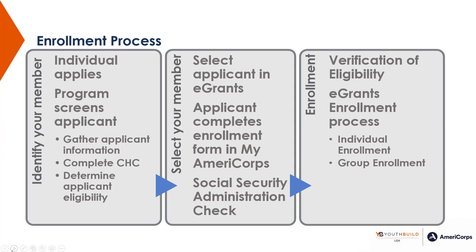But we will talk about how the individual applies, screening the applicant, selecting them in eGrants, having the applicant complete their enrollment form, getting through the Social Security Administration and citizenship checks, that final verification in eGrants, and then finally completing the process and getting that individual enrolled, either as an individual or as a group.